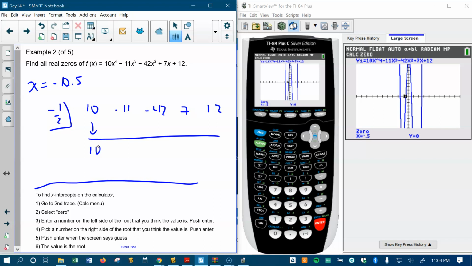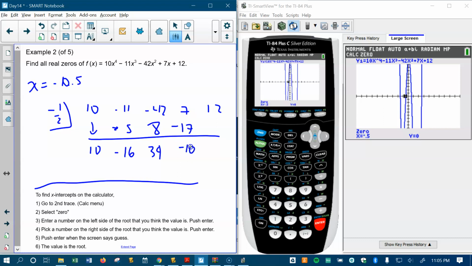We always multiply 10 times -1/2, or 1/2 of 10, which is -5. And then we're going to combine, which is -16. 1/2 of 16 when the negatives cancel, which is going to be an 8. That's going to be 34, I think. 1/2 of 34 with the negative is going to be -17. And then that's going to be -10.